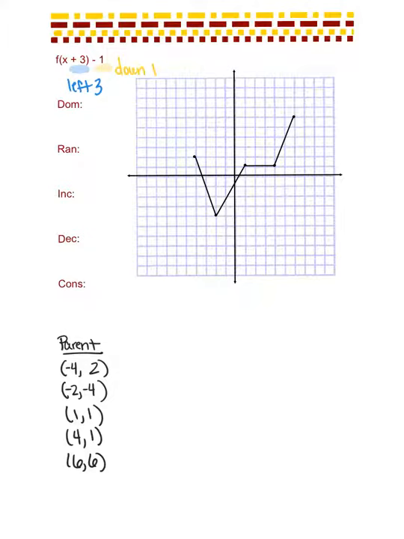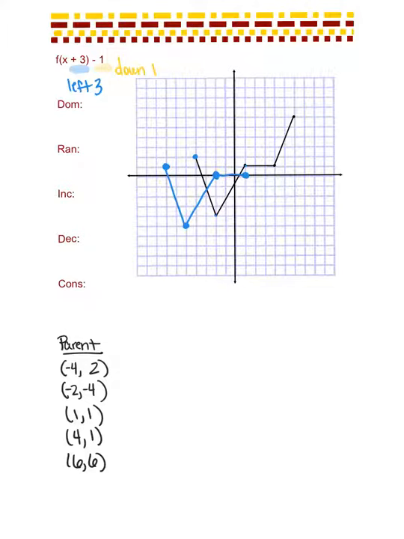You can go point for point and do the transformations, and that's what I'm going to do. So I'm going to start at this first point. I'm going to move it left 3 units and down 1 unit. Then my next point, I'm going to go left 3, down 1. I'm going to connect them as I go. The next point, left 3, down 1. The next one, left 3 and down 1.